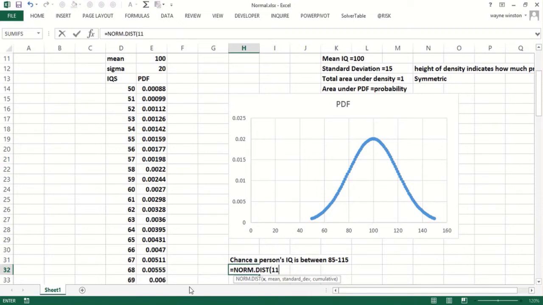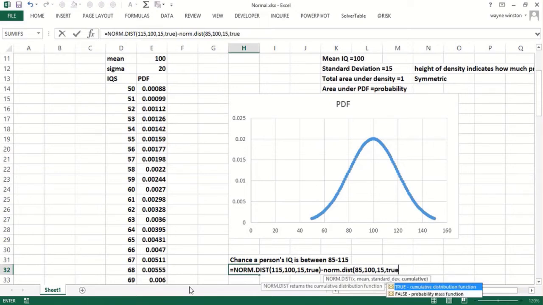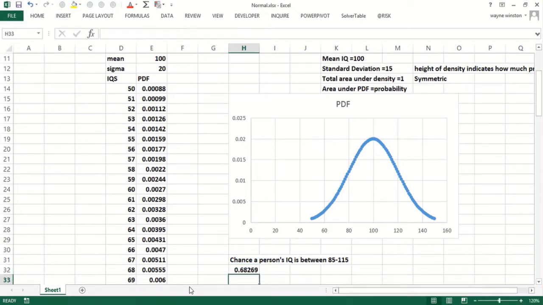Okay, 115, the mean is 100. That's what fraction of IQs are less than or equal to 115, and I'll take away those people who have IQs less than or equal to 85. That should be around 68%. That's within one standard deviation.